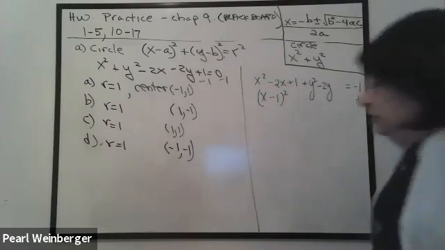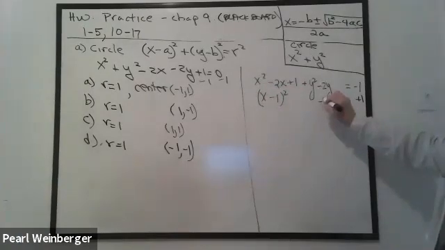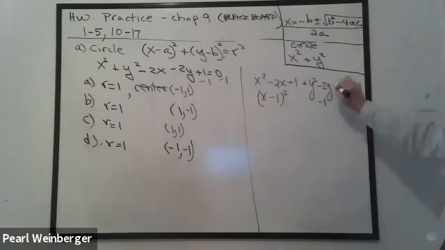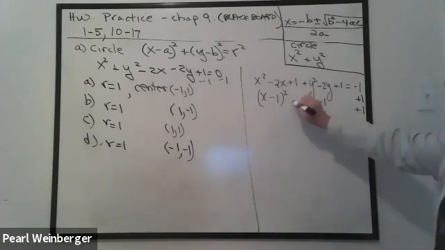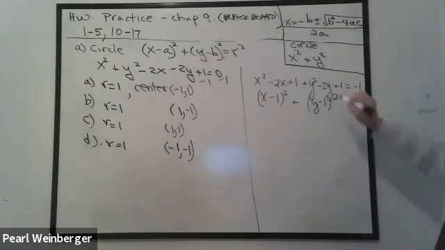The coefficient on the y is the same. This is a -2y. Again, when I divide the -2 by 2, I get -1. And again, -1 times -1 gives me +1. So I have to add 1 to both sides again. And this gives me (y minus 1) squared.